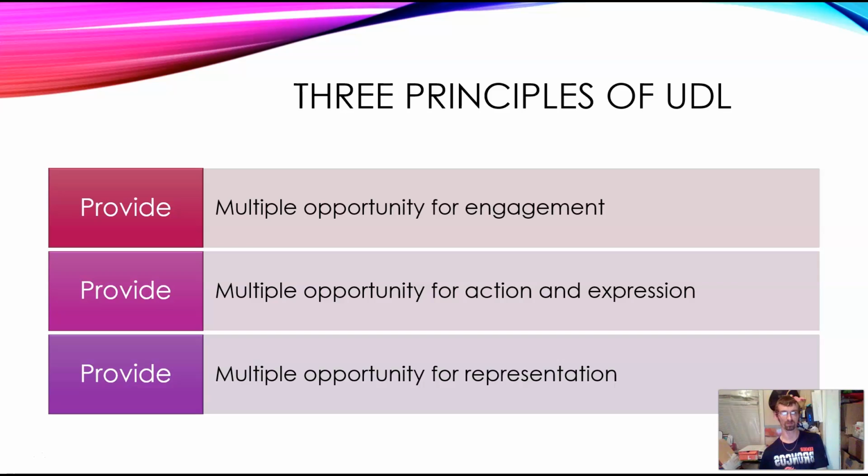Some examples for representation: provide calendars or checklists to help students keep track of subtasks for meeting a learning goal. Allow them to show what they know through a variety of formats, whether it's a graphic organizer or a poster presentation. And then provide students with access to common assistive technology.